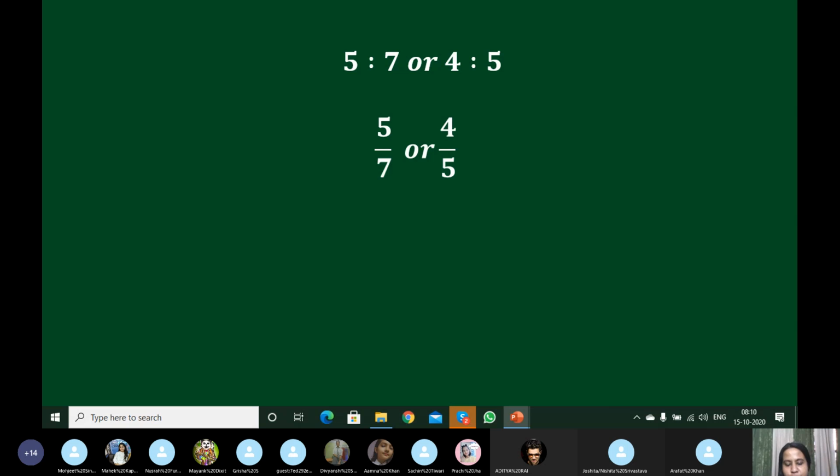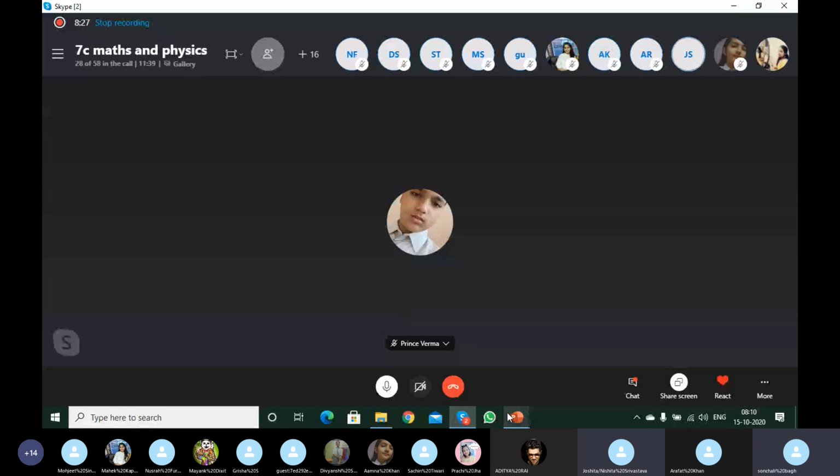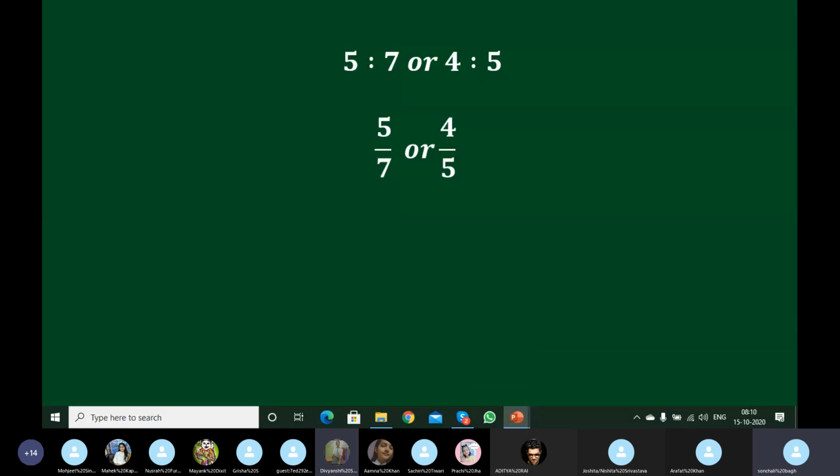We have done this type of question. Then we will take out the LCM of the denominators, 7 and 5.